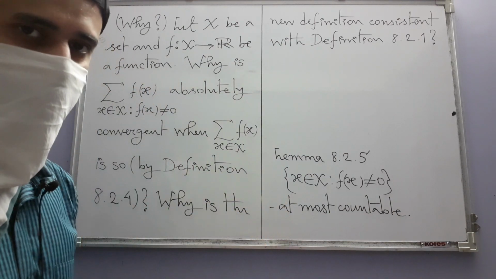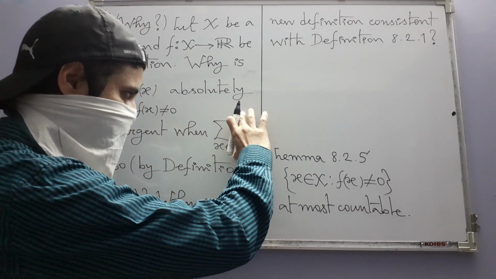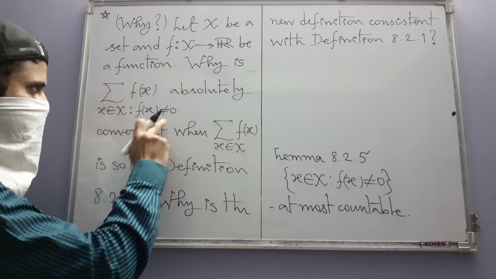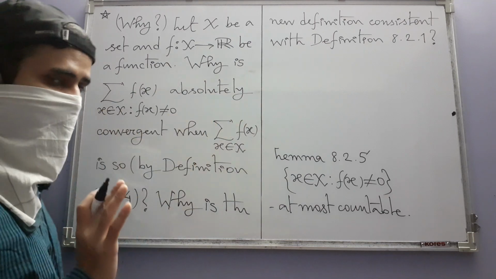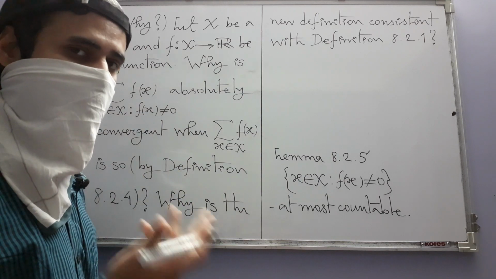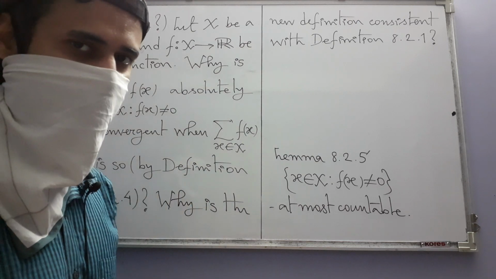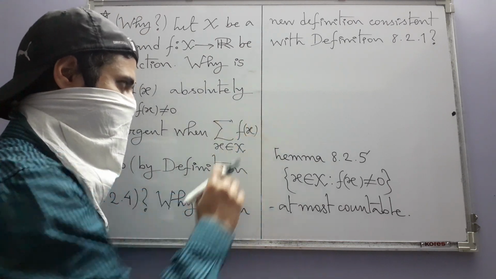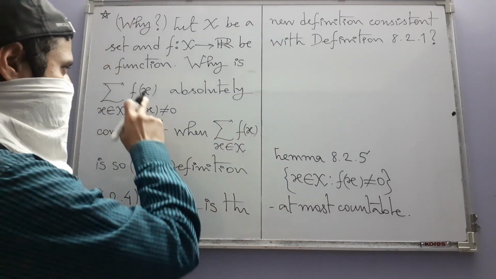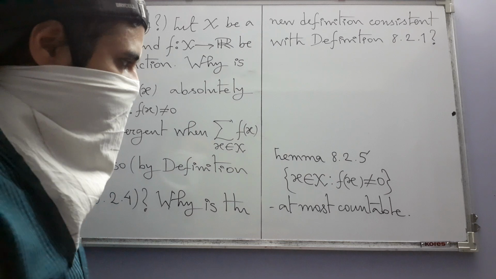This is something we have proved. And this in fact gave us an idea to define the value of this sum when it is absolutely convergent to be the value of this sum, which is already available, and that comes from definition 8.21. Why is that justified? Because the set over which you are considering the sum is at most countable. So that's how we define the value of this sum when it is absolutely convergent. But we have not proved that this series is also in that case absolutely convergent. So that is one thing we want to do.